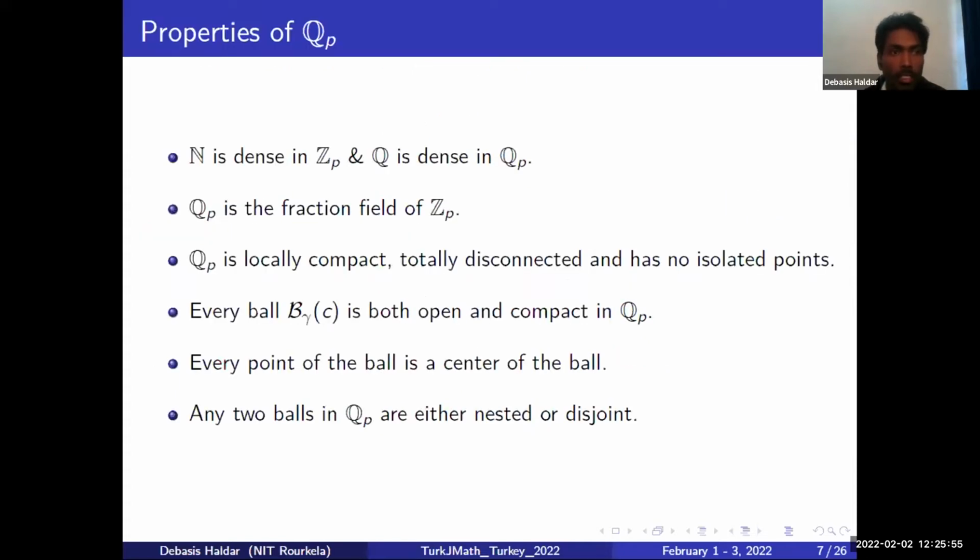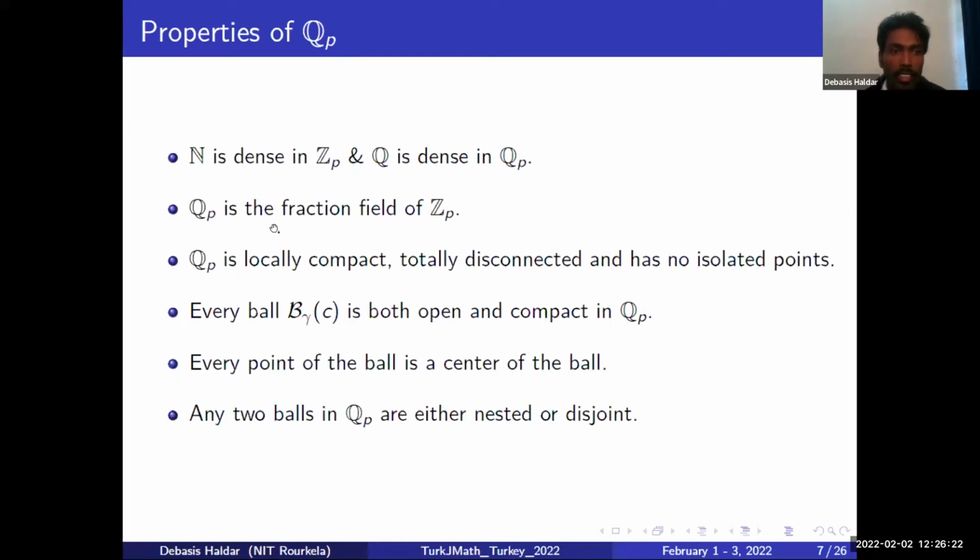Now the properties of Qp, the field of p-adic numbers. We are going to present some of the properties on this set. The set of natural numbers N is dense in the set of p-adic integers, and the set of all rational numbers is dense in the set of all p-adic numbers.